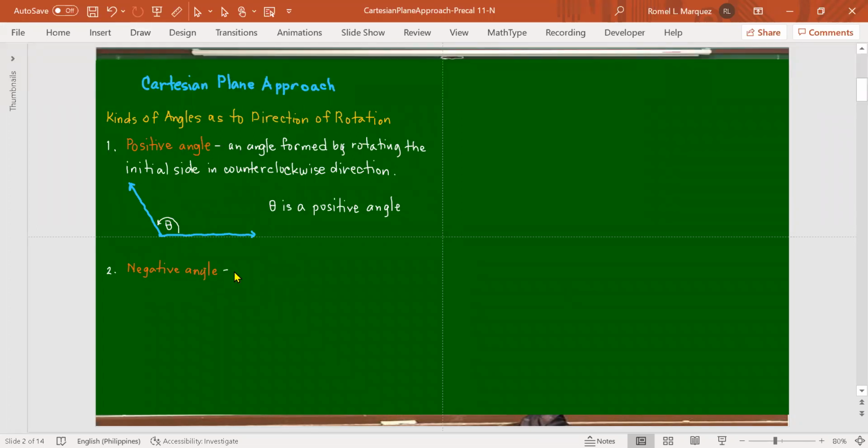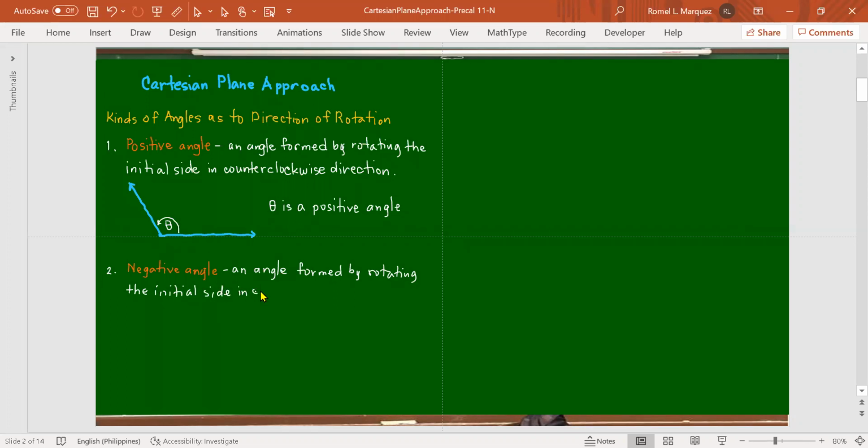A negative angle is an angle formed by rotating the initial side in what direction this time?